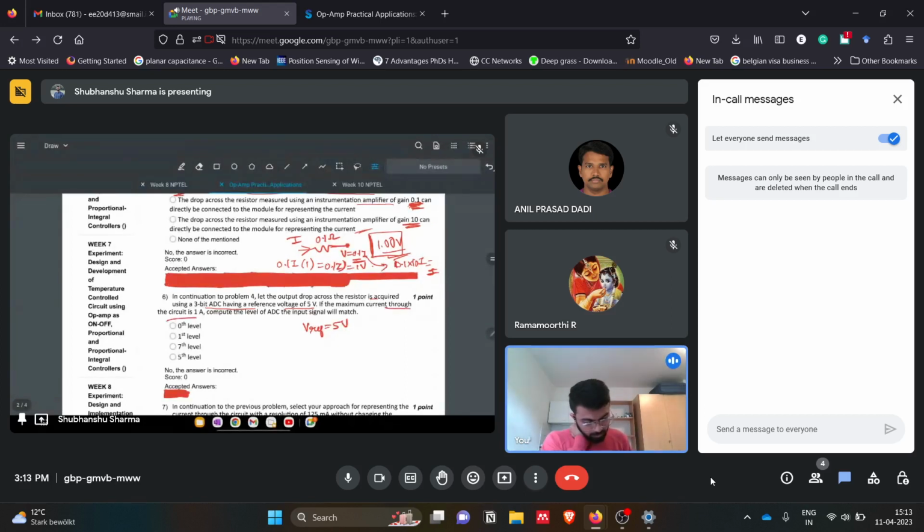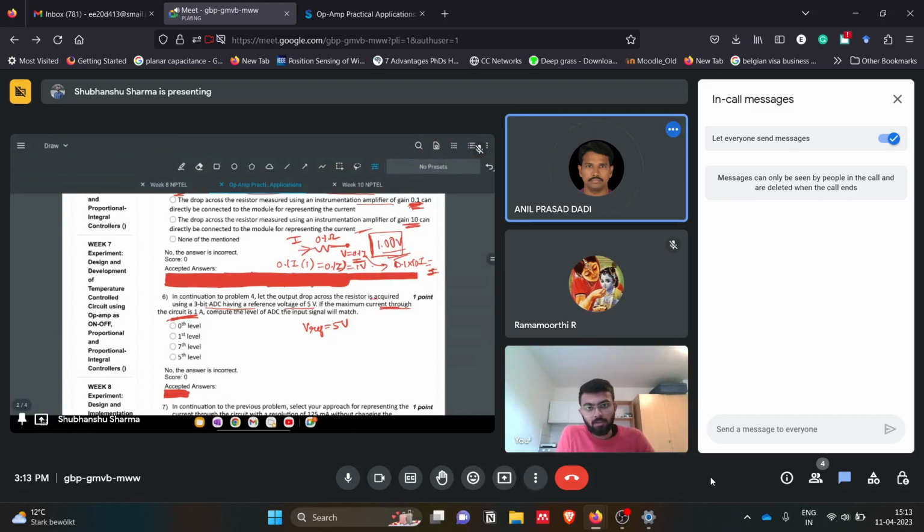Here they are mentioning maximum current 1 ampere. Yes, here there is no information regarding what type of ADC. So by default we used to... No, you have to go with the basic concept of ADC.